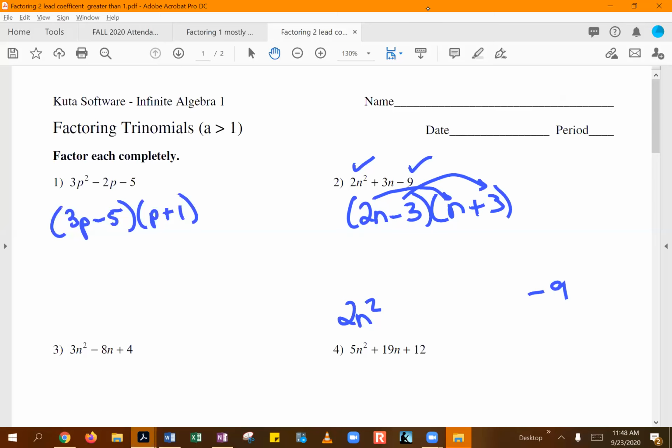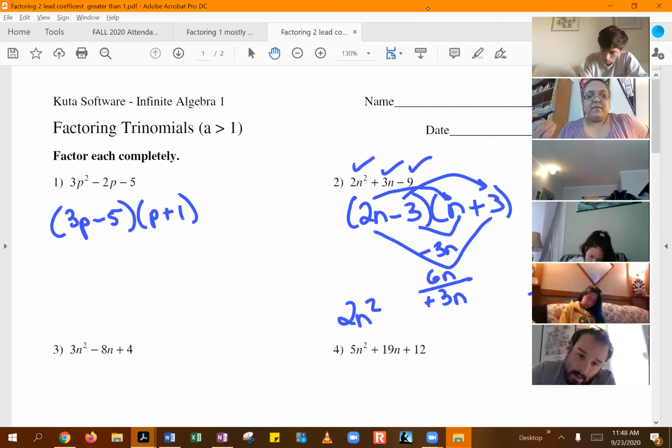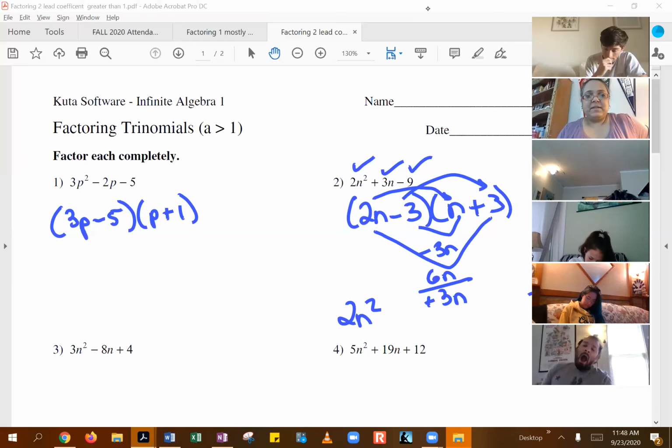Then to check for the middle term, multiply the negative 3 with n, and multiply the 2n with positive 3, which would be positive 6n. When I add them together, I get a positive 3n, which is what you have in the middle term. So yeah, very nice. Good job, guys. That's definitely the right combination for factoring these out.